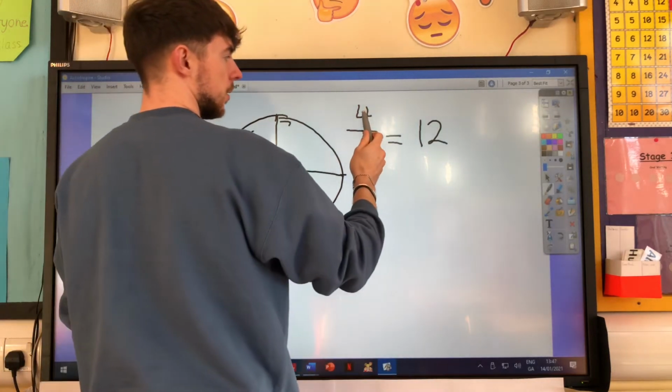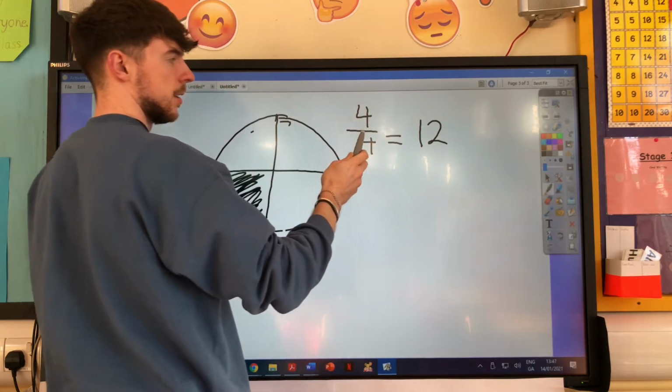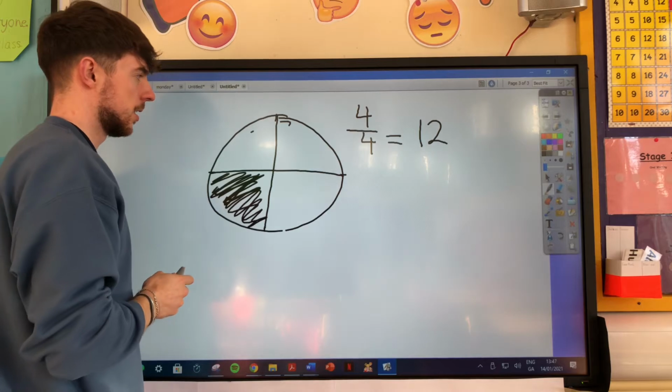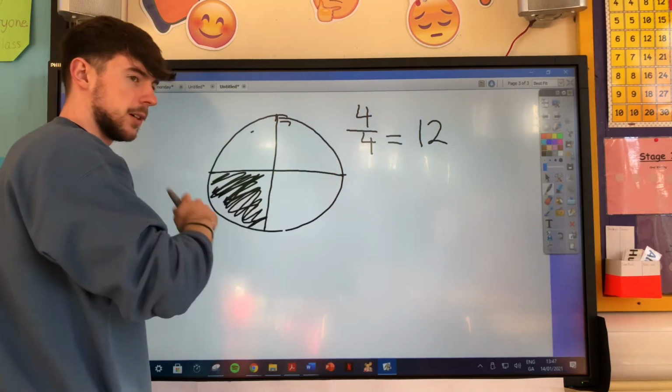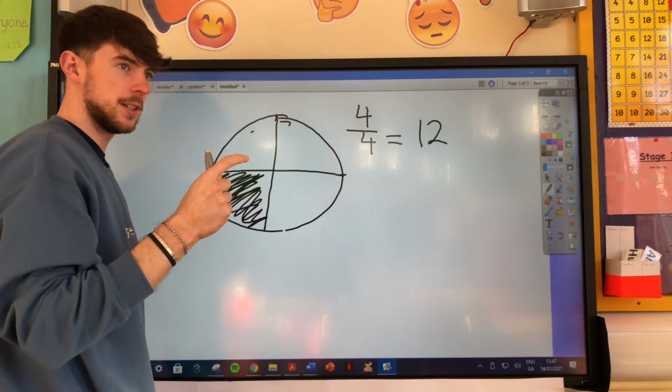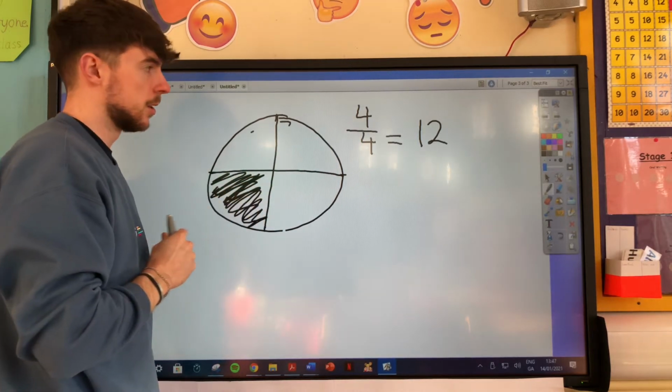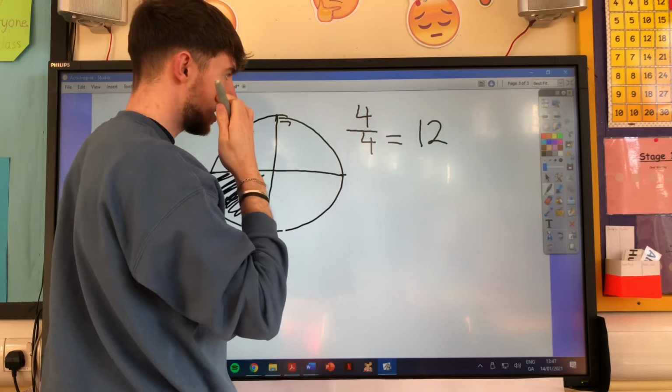So how we do this is we say there's 4 pieces altogether. If we have the whole piece altogether, we just have to divide it down by 4 to get to 1, don't we? So if we divide this by 4, what do we get?